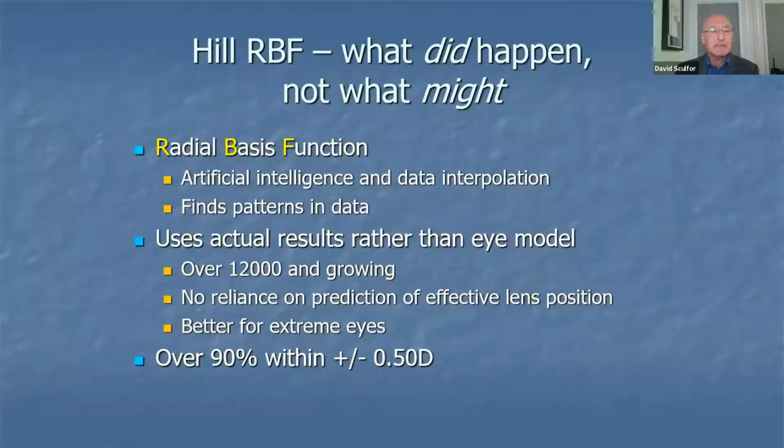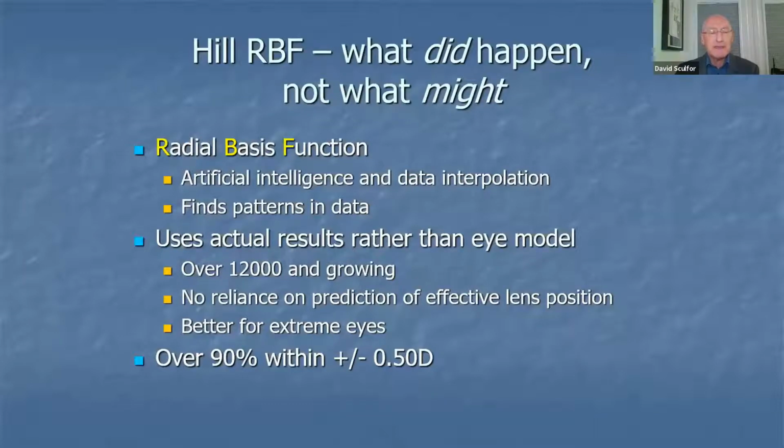So the current database has over 12,000 patients in it and is growing year by year. There's no reliance on predicting the effective lens position, because in effect the effective lens position falls out of the equation, because the lens is already in the eye. What you're interested in is what data went in, what result came out.